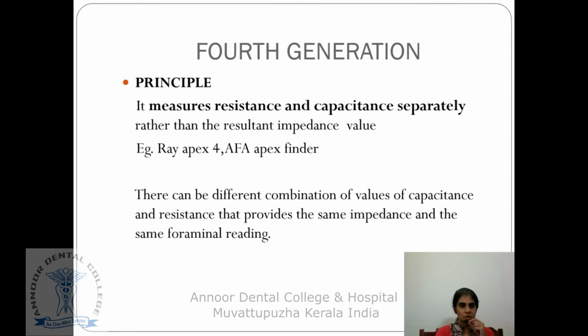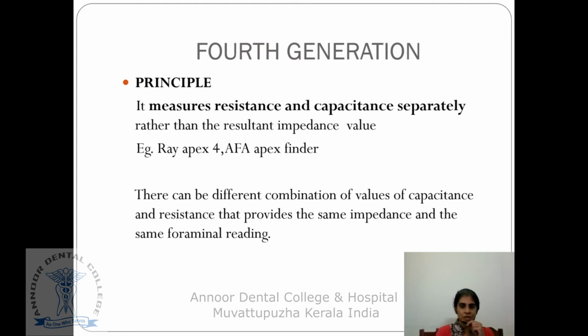Moving on to the fourth generation Apex Locator, it measures resistance and capacitance separately rather than the impedance value, like how it is done in the third generation. This is a more recent type of Apex Locator, and examples are the Raypex 4 and AFA Apex Finder.